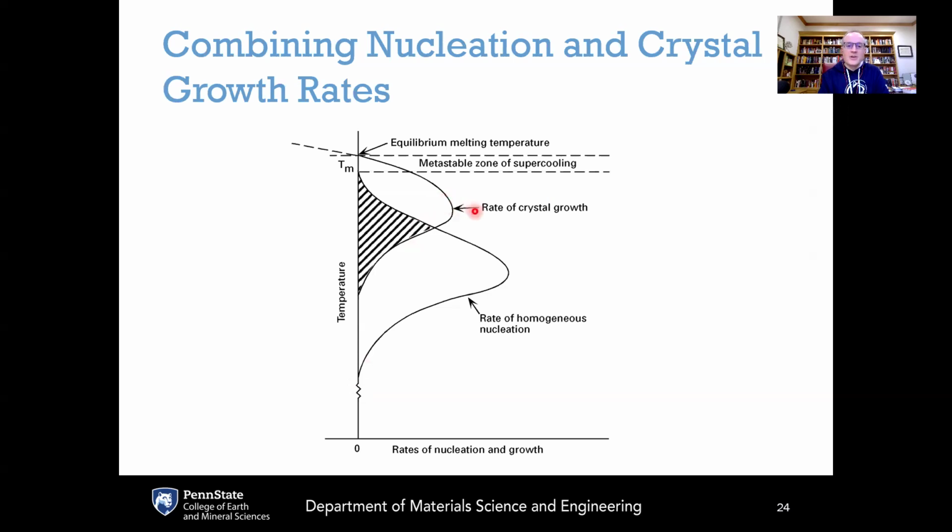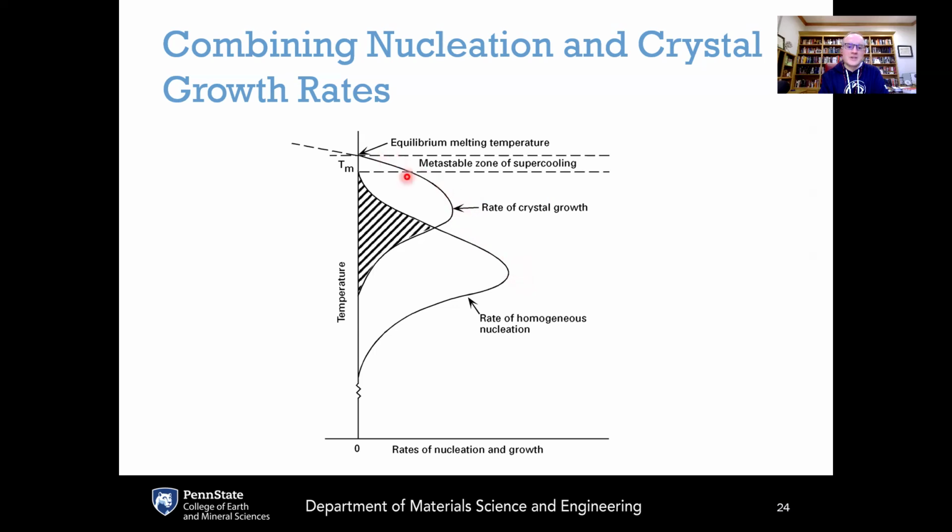Likewise, for crystal growth, there is a maximum here that is the ideal trade-off between thermodynamics and kinetics for that particular process. A couple of differences are that the balance between thermodynamic and kinetic effects is somewhat different between crystal growth and nucleation processes, and therefore there is a difference between the location of these peaks, where the peak for crystal growth tends to occur at higher temperatures compared to the peak for nucleation.